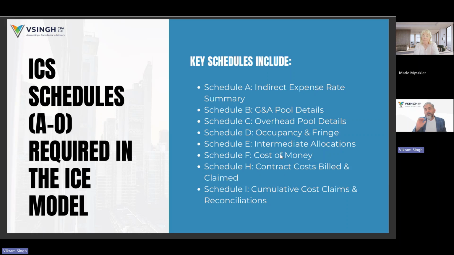So it's a cumulative schedule, meaning it's not by calendar year, but okay, if the contract was awarded on April 29, 2026, then the government likes to see, okay, from April 29, 2026 and December 31st, 2026. Okay, this is all my cumulative numbers as of December 31st, 2026. What happened in 27? What happened in 28? And so forth.